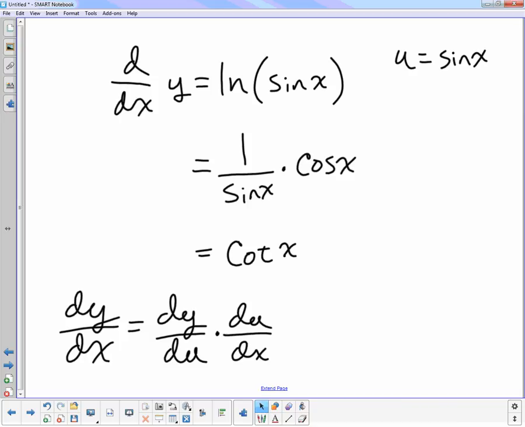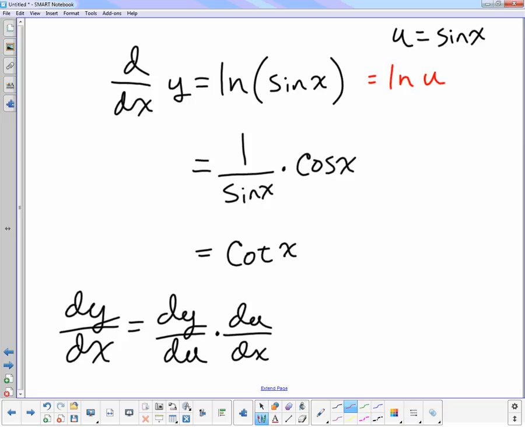You can do it multiple times, and you can wind up getting multiple derivative parts here. This can go down the road. So this becomes ln of u, and I've made my substitution, and now when I take this derivative, the derivative of y with respect to u is 1 over u, of whatever u is.